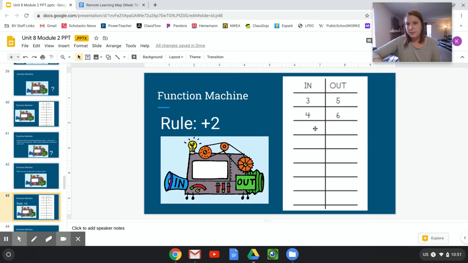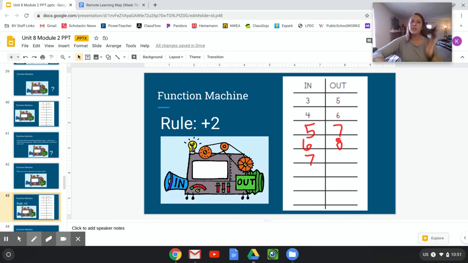Now this is a spot where we could write other numbers. Why don't we do that actually? So we did the number 5. If 5 goes in, we know 7 comes out. What about 6? We just did that one together too. If 6 goes in, we add 2 and 8 comes out. What if we put 7 in?